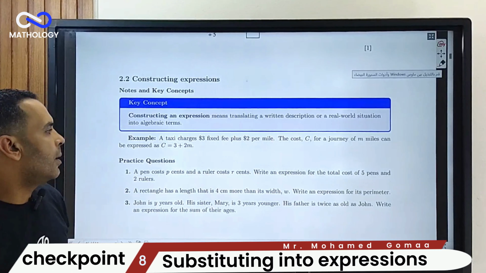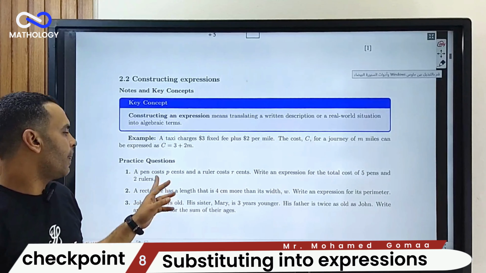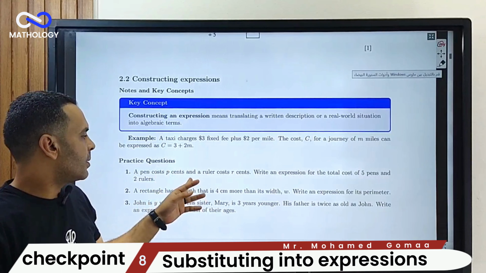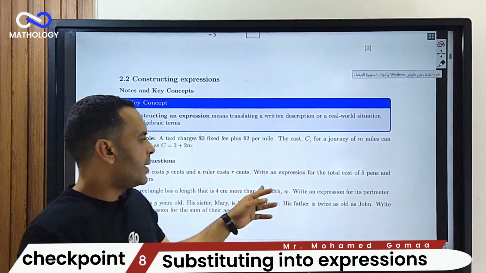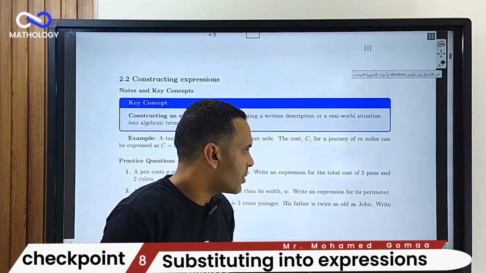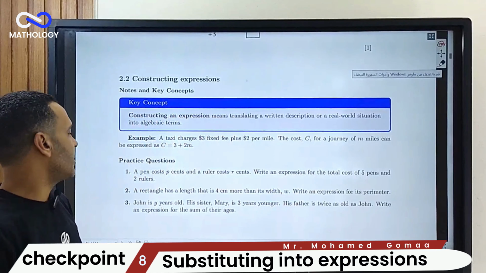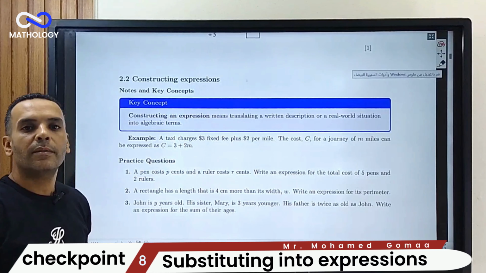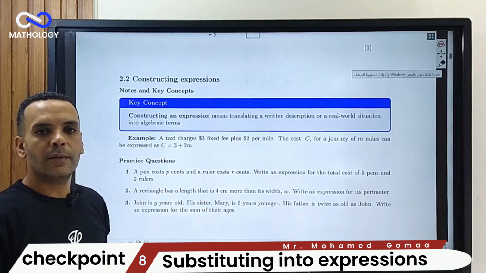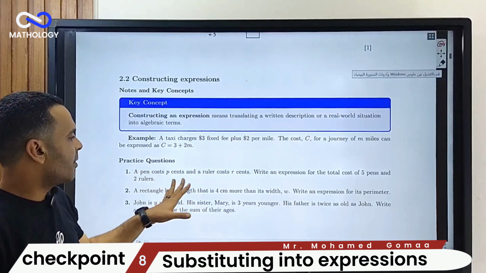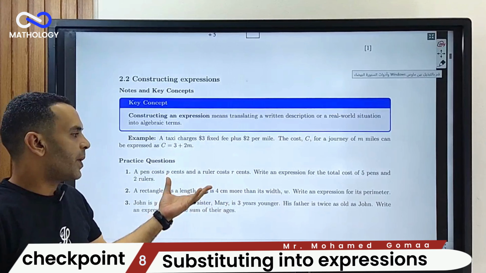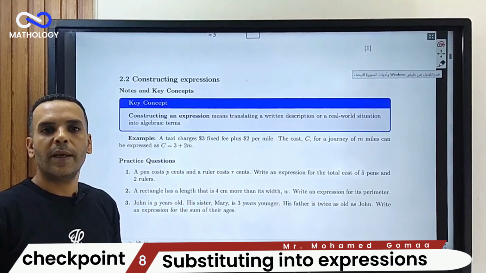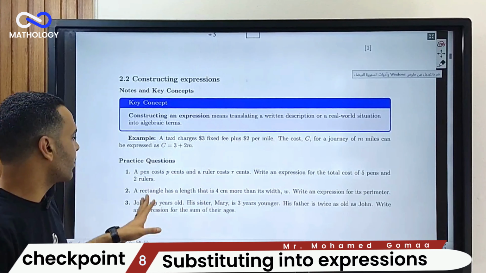Like, a pen costs p cents and a ruler costs r cents. Write an expression for the total cost of 5 pens and 2 rulers. This real situation, okay, you see this situation in your life. You want to express this situation in math, okay?